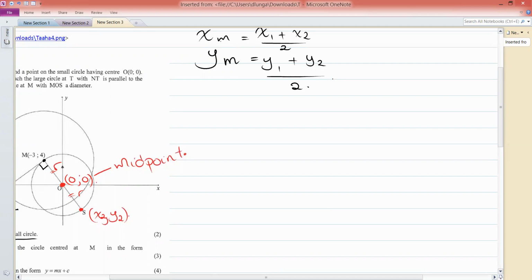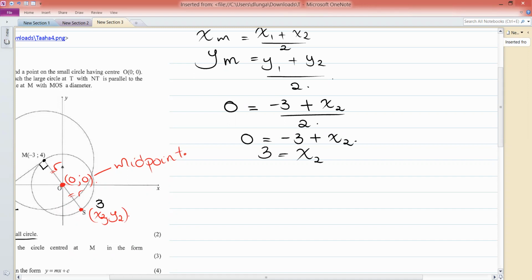Now remember the actual midpoints for both of these were equal to 0. So 0 equals x1, let us use -3, plus your x2 divided by 2. You want to cross multiply. 2 times 0 is 0. So 0 equals -3 plus x2. So what's your x2 value? Here it is 3. So this is 3.